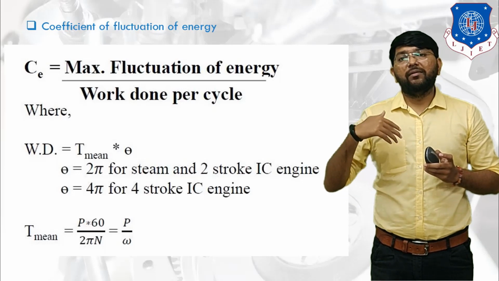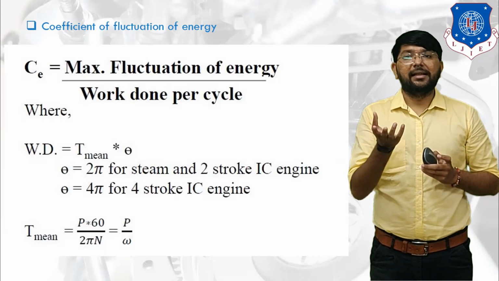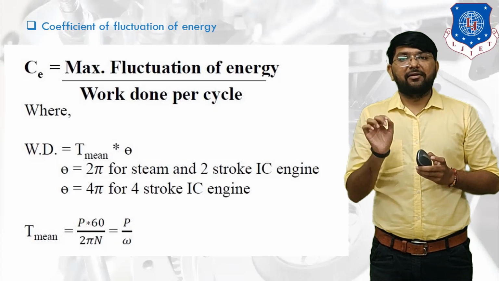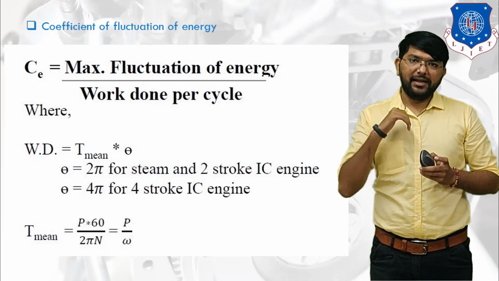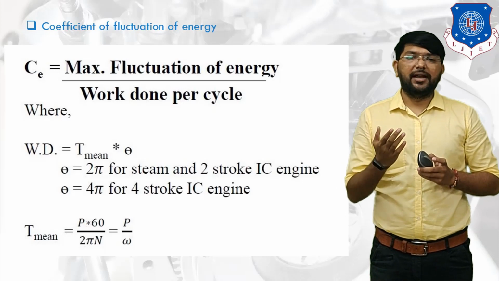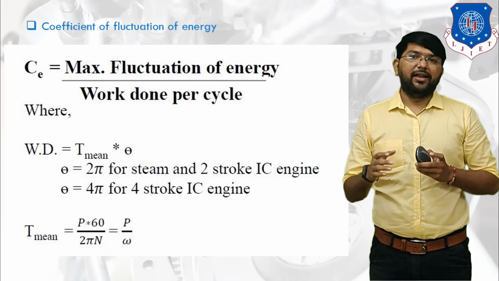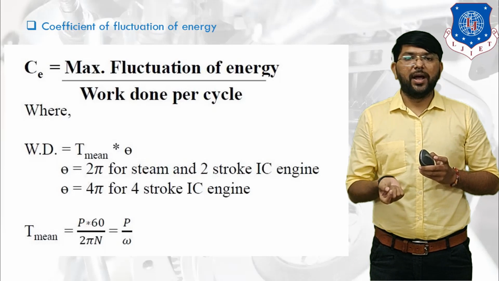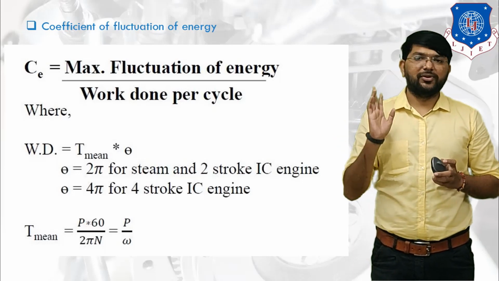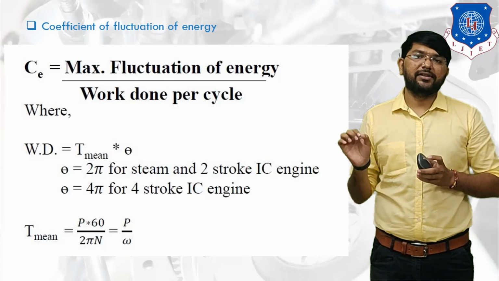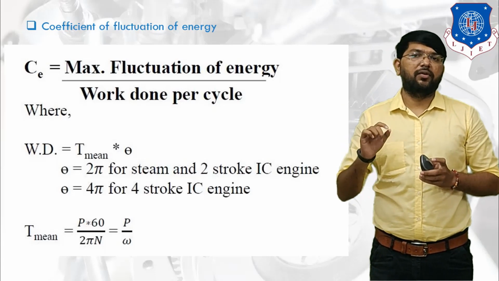So we put the value of 2 pi N by 60 in this equation, and it converts into the form power upon omega. Clear? So this is the equation of T mean, that is power upon omega, and we consider theta equal to 2 pi for the 2-stroke engine and theta equal to 4 pi for the 4-stroke engine. Clear?